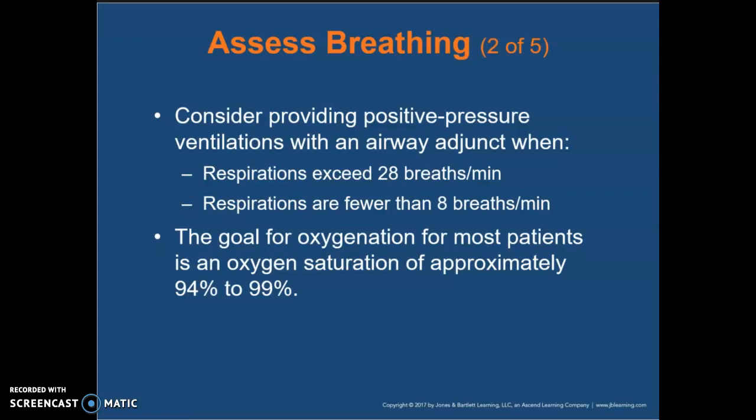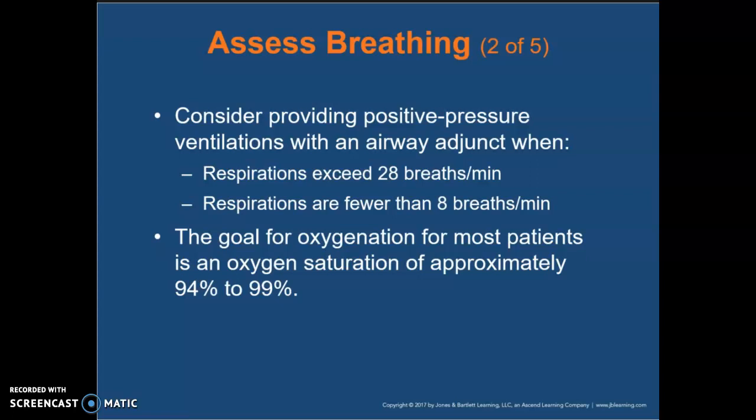Just as a general rule, if a patient's respirations are faster than 28 breaths per minute, then we should assist in ventilation. When a patient starts breathing that fast, even though they're taking in oxygen, they're breathing it out so fast as well that they're not taking in great volumes of oxygen.